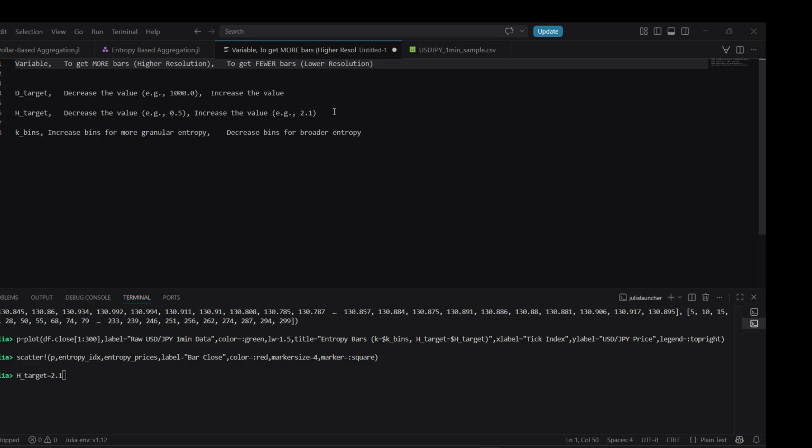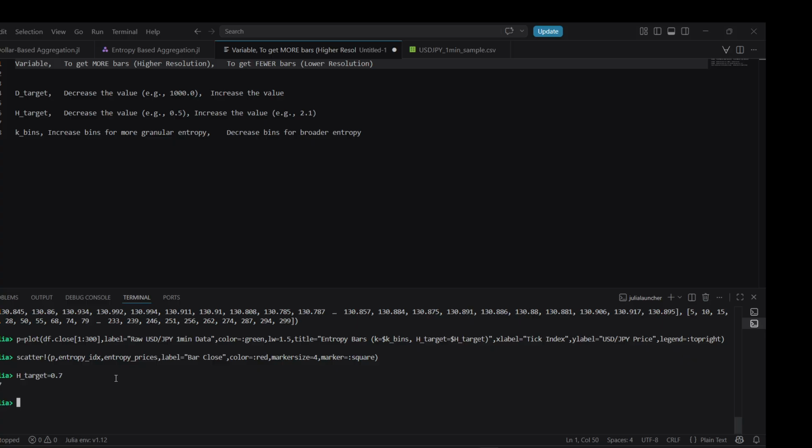But if you want fewer bars, you have to increase the Shannon entropy value, right? If you want more bars, again, you have to increase the bins for more granular entropy, and you have to decrease the bins for broader entropy. Now, we're going to essentially get more bars, so we're going to take this to like 0.7.